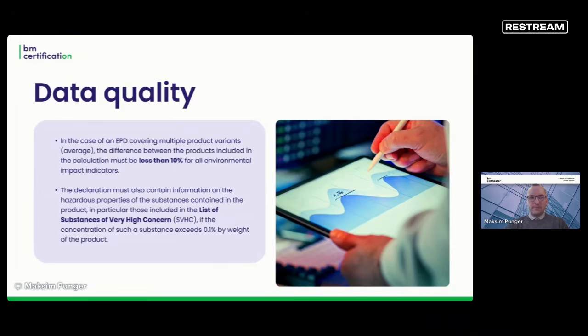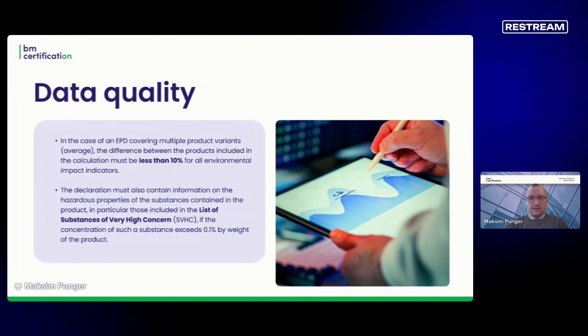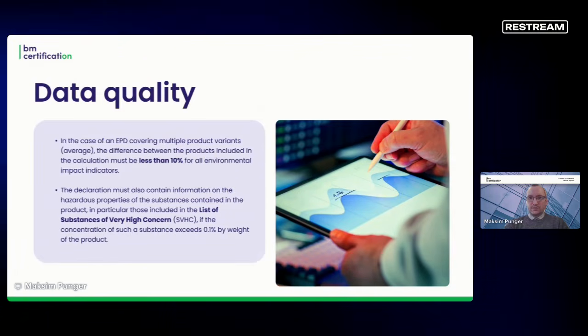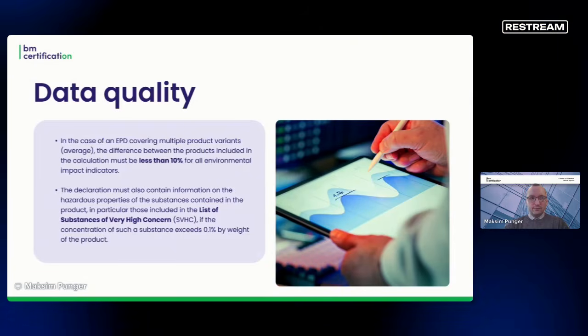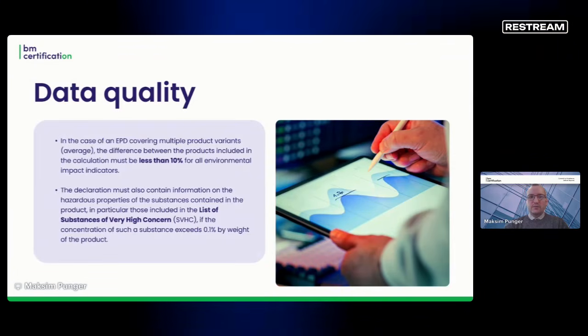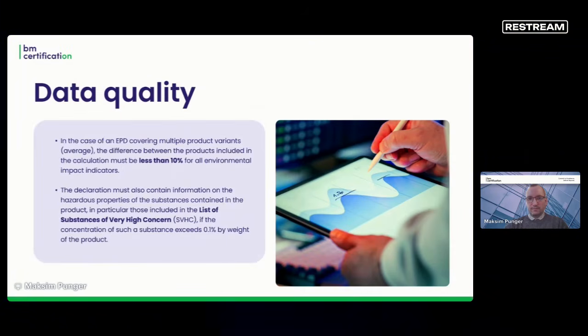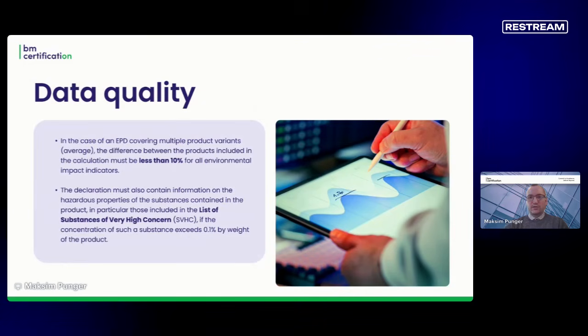And the second thing, if the product contains any dangerous or hazardous substance. If a component contains a hazardous substance, it must be included in the calculation regardless of the quantity, even if it's less than 1% of the mass or volume.